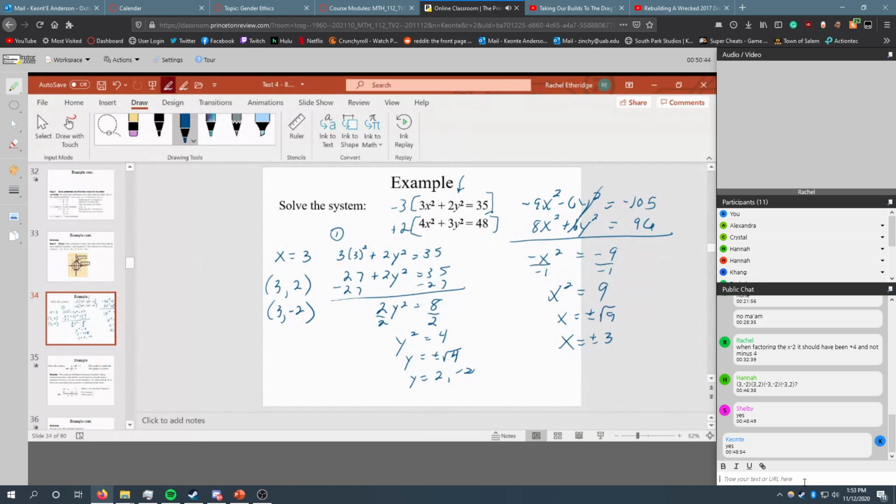So even if I put a negative 3 right there for the second part, when I square it, it gives me 9. 9 times 3 is still 27. So without going through those steps again, you're going to get the same answers for y that you got when x was positive 3. So you're going to have negative 3, 2, and negative 3, negative 2.